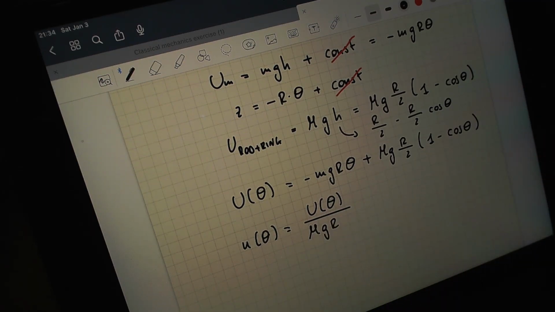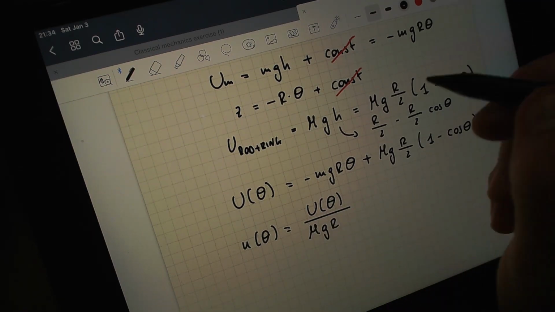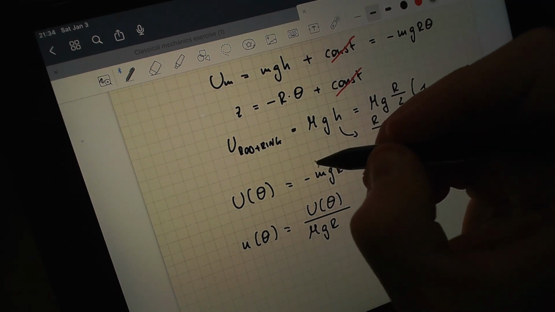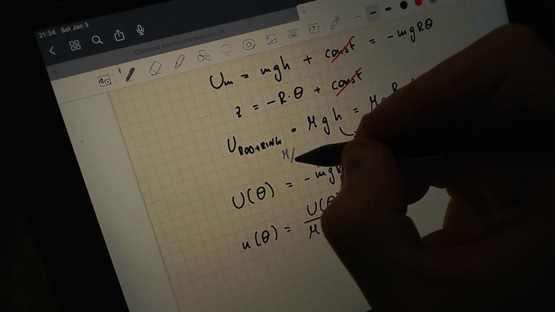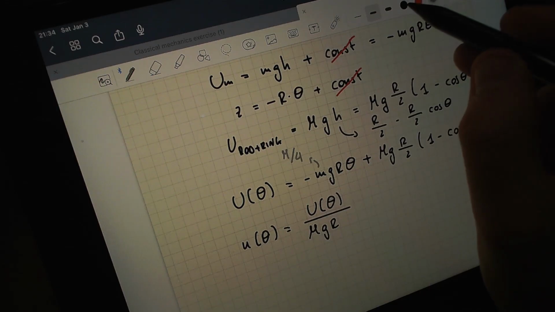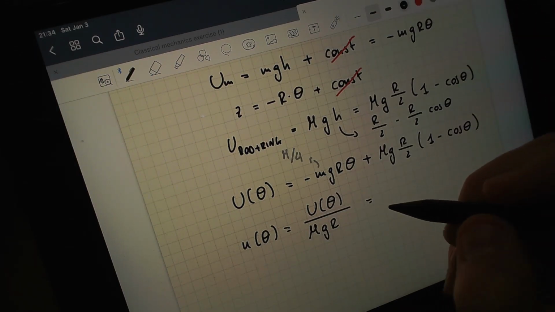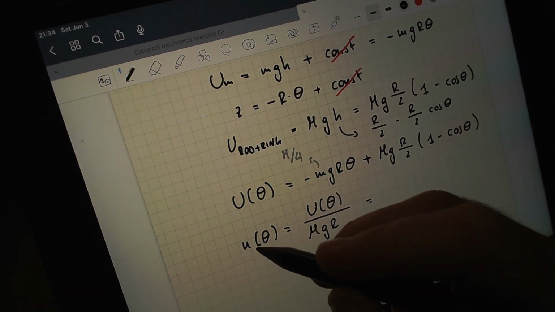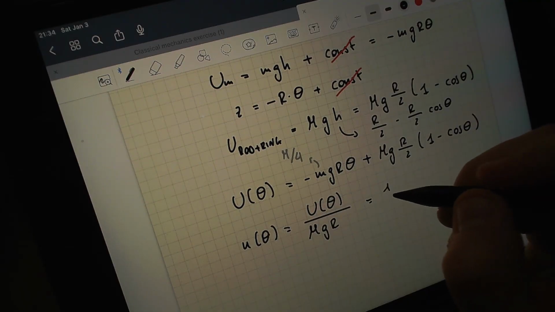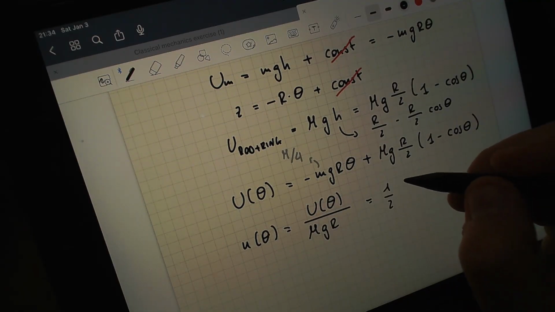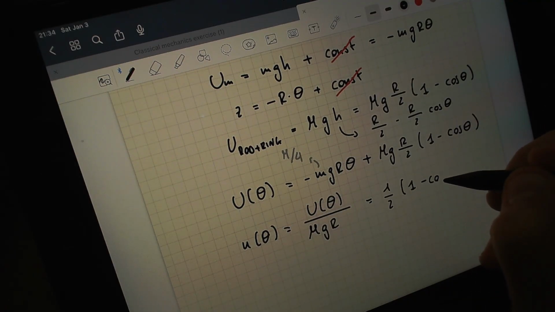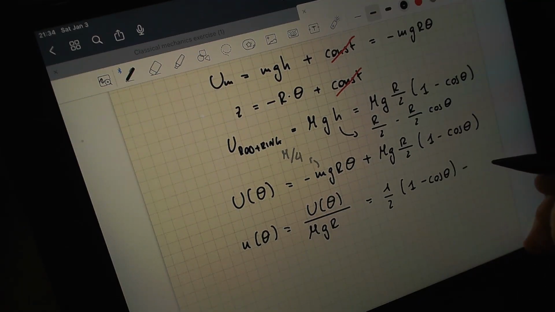Okay, we know that this m is m over 4, so because of this we obtain that this u of theta is 1/2 times 1 minus cosine of theta minus theta over 4.